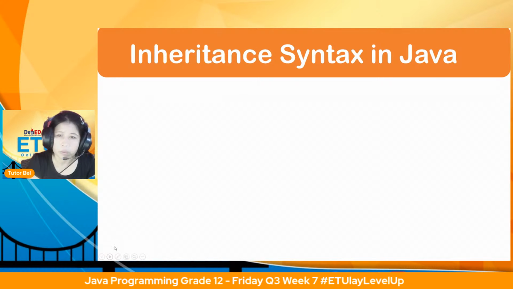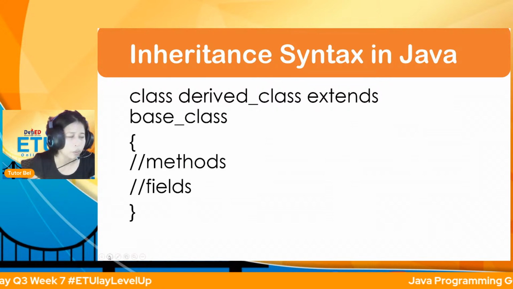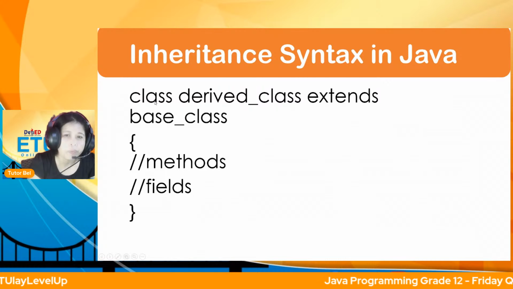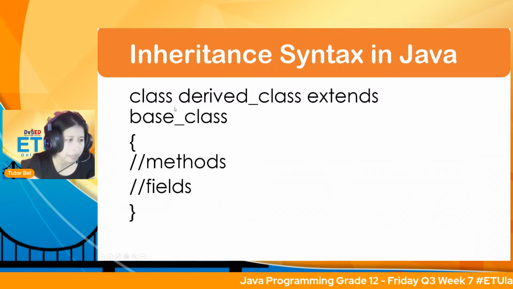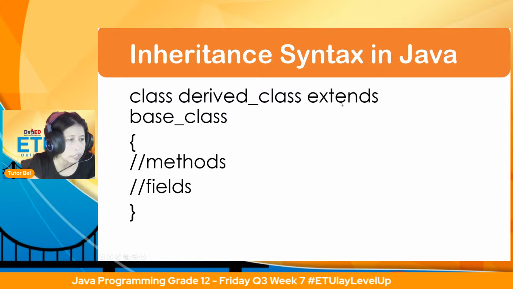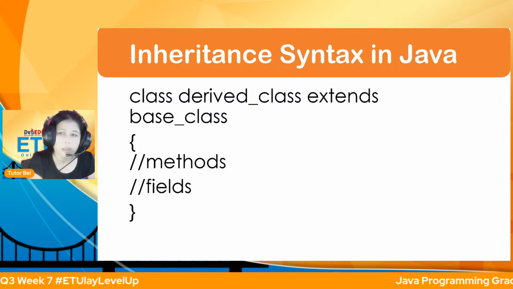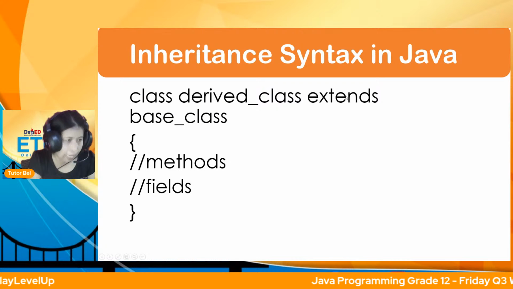Okay. So, sa Java po, ano ba yung syntax ng ating inheritance? Okay? So, we have the class derived class, and then ang keyword po natin diyan is extends. Yung pag-instantiate ng ating object is through the keyword extends.